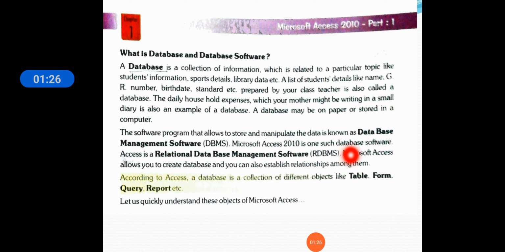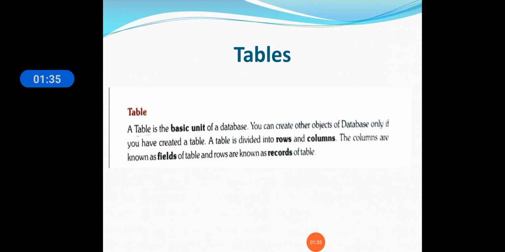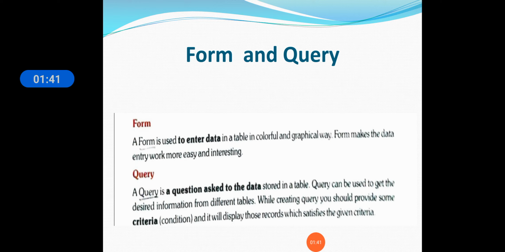Okay, so what does this software do? It prepares tables, forms, queries and reports, etc. We have seen tables, where rows and columns are there for fields and records. We have also seen what a form is and what a query is. Form, all of you know, we are familiar with the form which we have explained here.